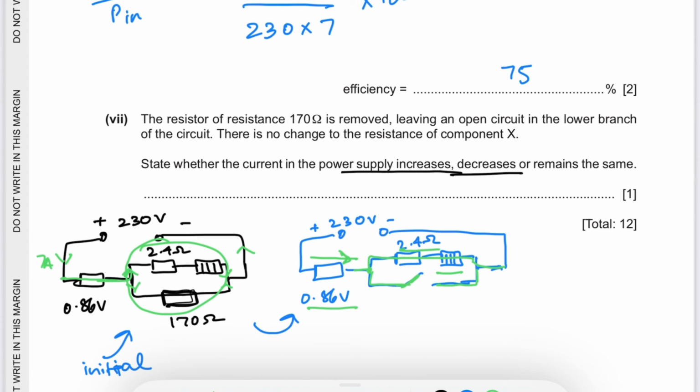So now in this new combination, since the components are connected in series, the total resistance is going to be much larger. That means the total current will be smaller than the previous 7 amperes. And so that's why the current in the power supply will be smaller in this case.